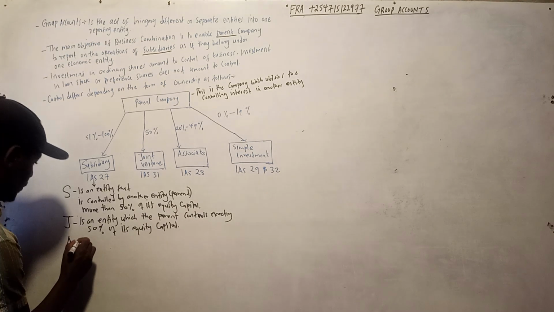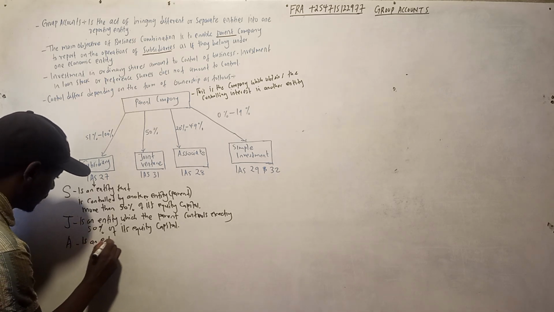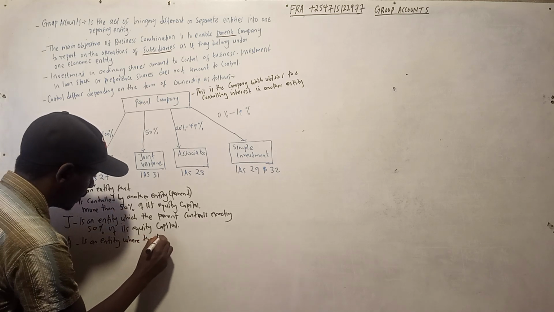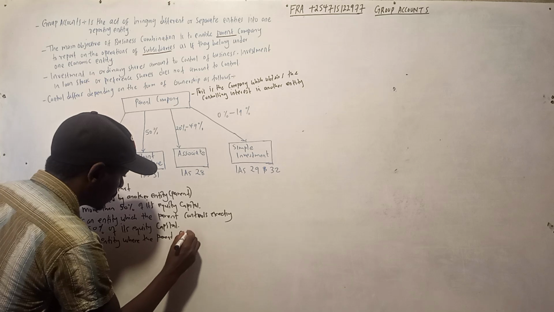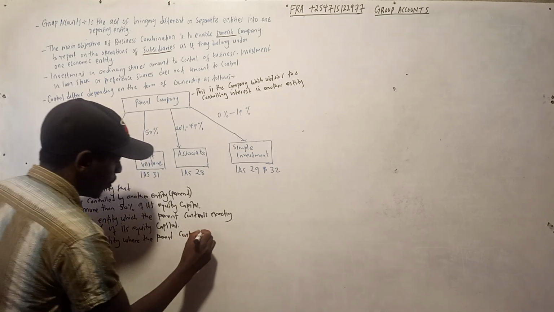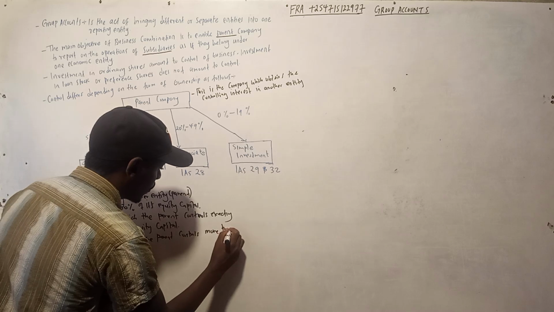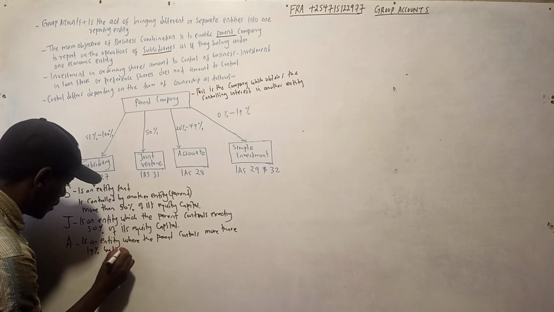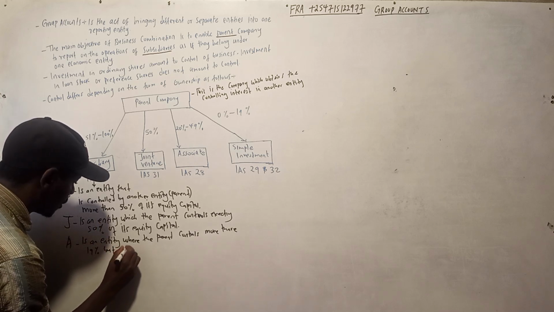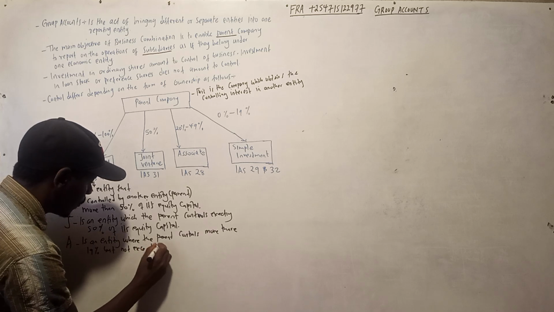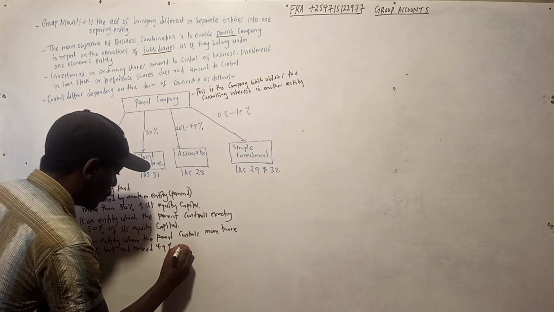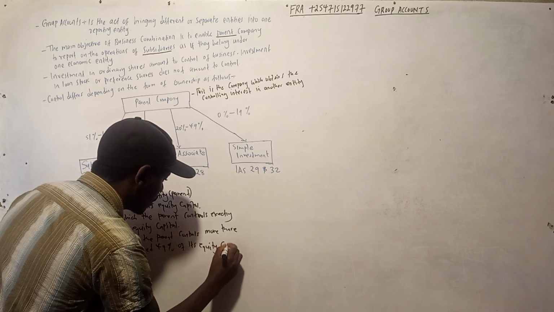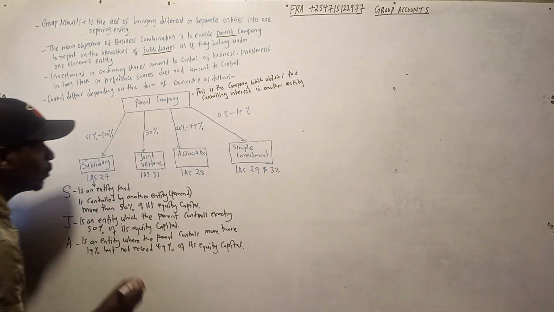We can say it is an entity where the parent controls more than 19%, but not exceeding 49% of its equity capital.